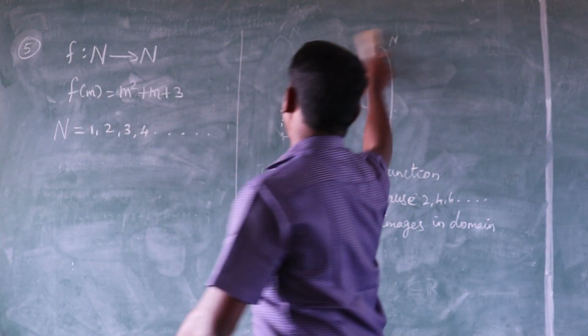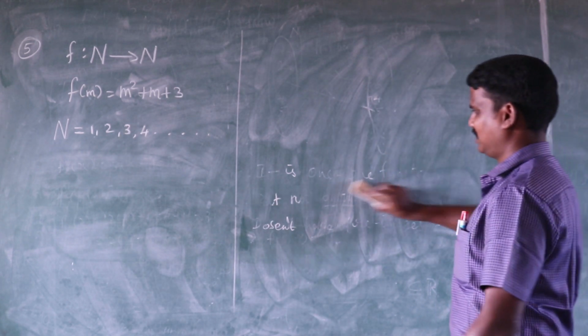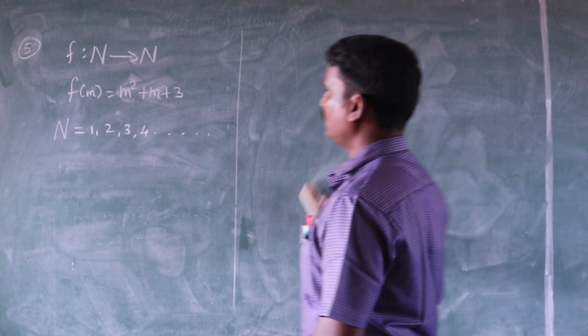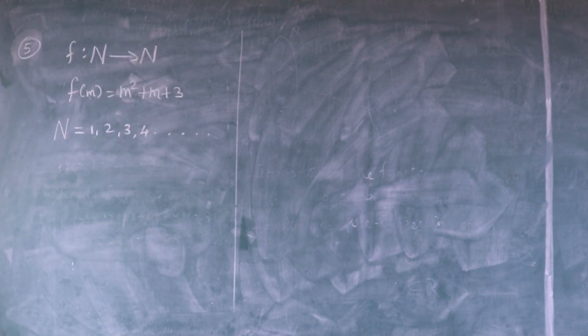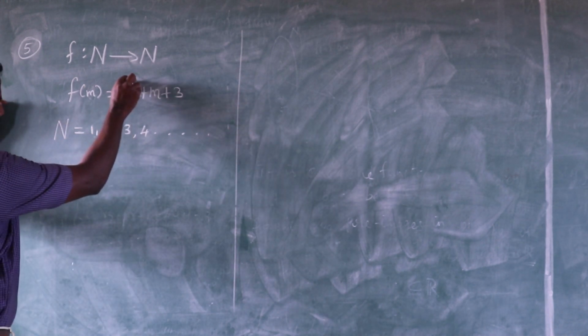So in place of m, you replace the values of natural numbers, because here we have a quadratic equation.